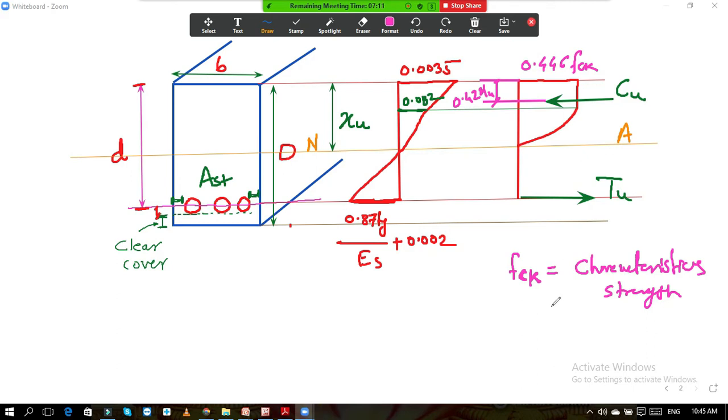But while doing the construction on the site, the construction is massive, so there are high chances that there will be a decrease in the strength. So that factor we consider, and we divide this by 1.5. So if we divide this FCK by 1.5, then what value we get? It is near about 0.67 FCK.